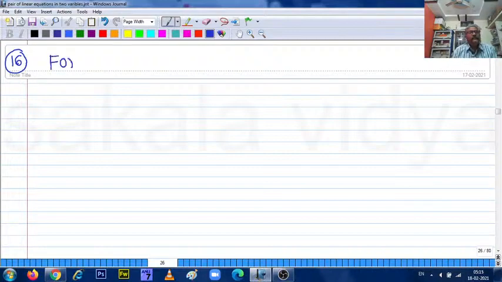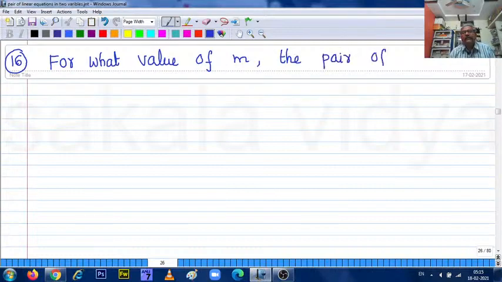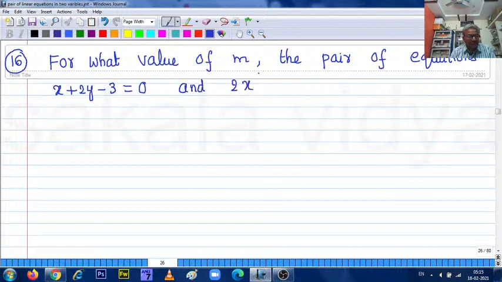For what value of m the pair of equations x plus 2y minus 3 equals to 0 and 2x plus my minus 7 equals to 0 has unique solution.